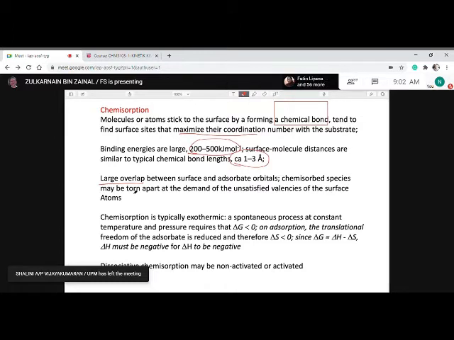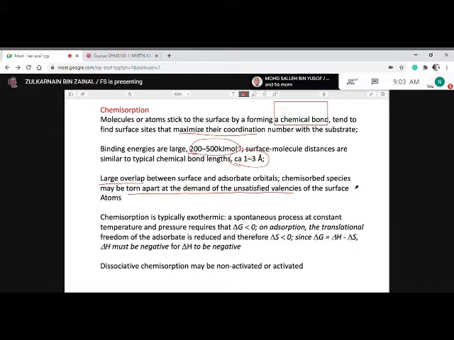Some species may be torn apart at the demand of unsatisfied valencies of the atoms. Meaning that in order for the adsorbate to be adsorbed on the adsorbent by chemical adsorption, right? So they have to match the valency or the overlapping of the orbital.